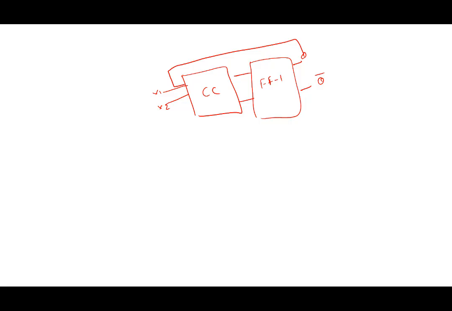This is the old flip-flop, whose inputs are Y1 and Y2. This is the new flip-flop whose inputs are X1 and X2. What we now have to determine is Y1 as a function F1 of X1, X2, and Q, and Y2 as some function F2 of X1, X2, and Q, and thereby we have the new flip-flop.